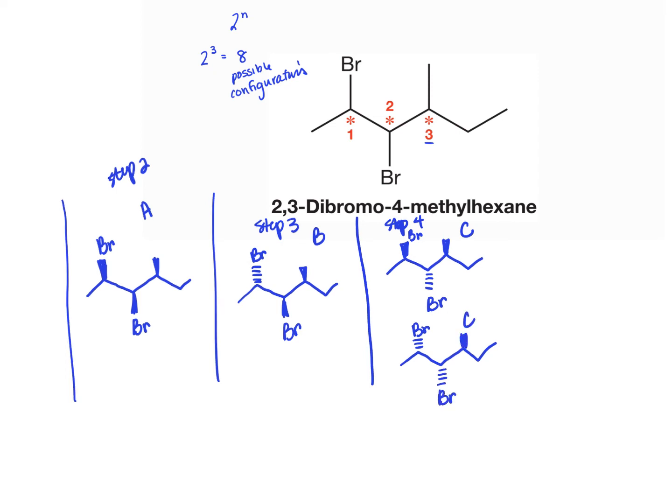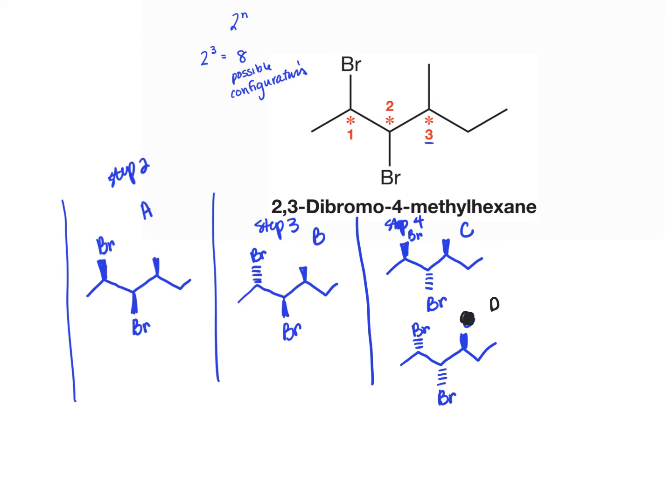So if we compare, we can see that the only thing I've changed is this one from here to here. And then from here to here, the only thing I've changed is that one. Okay, and we're going to call that D. Okay. A, B, C, D.